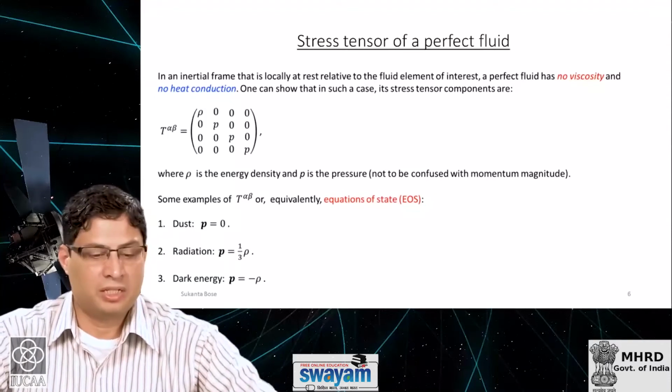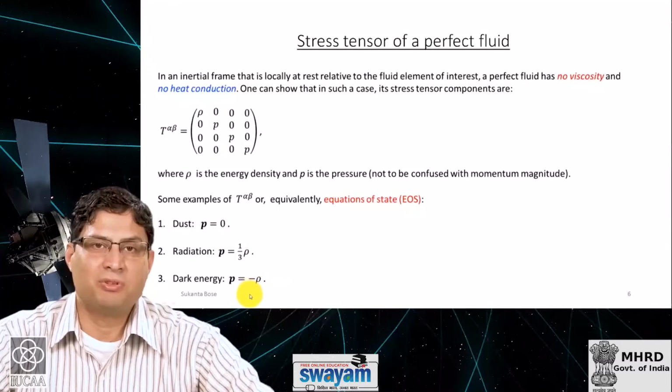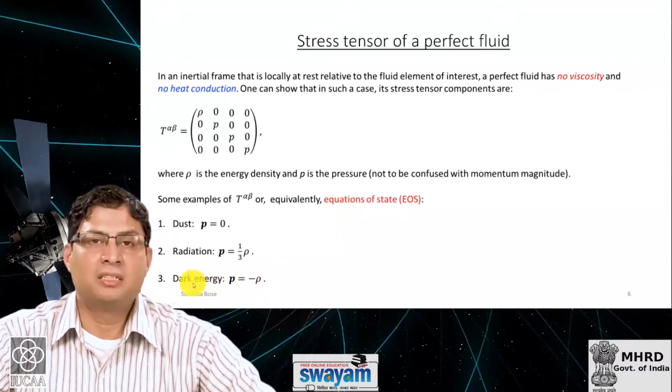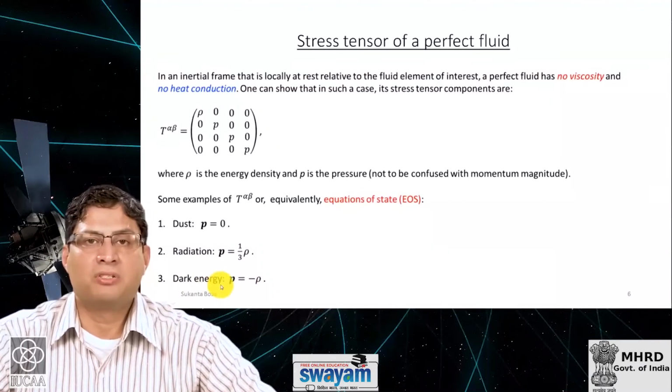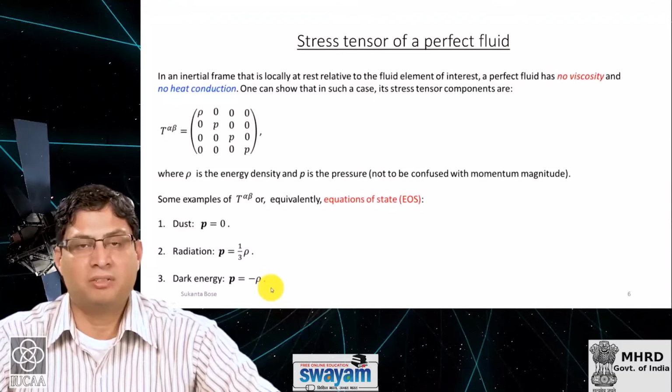We of course are then required to come up with the stress energy tensor for dark energy, and this is an entity which is repulsive in nature, unlike gravity, which can only be attractive.